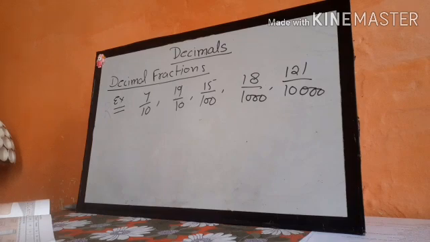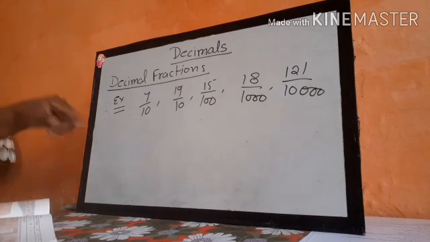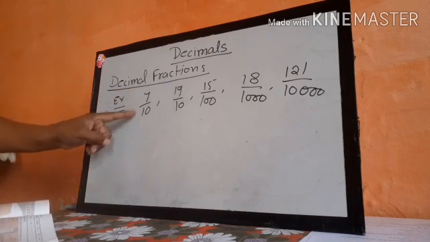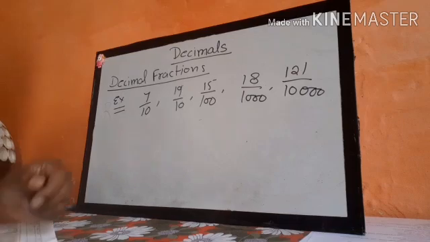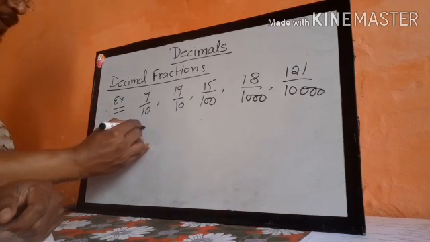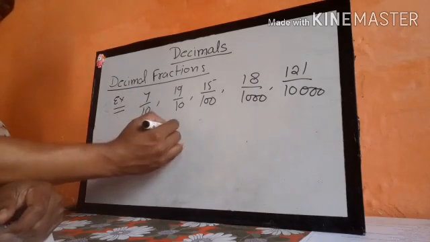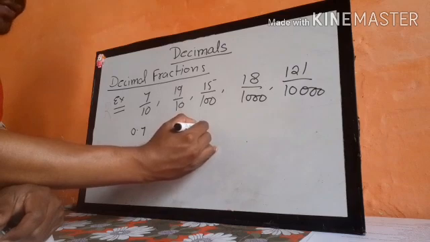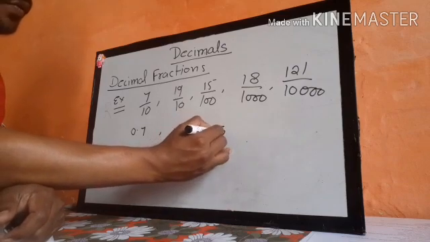These decimal fractions can be converted into decimals very easily. Divide them and you will get the decimal representation. Like 7 upon 10, after dividing 7 by 10, we get 0.7. Here we get 1.9. Here we will get 0.15.